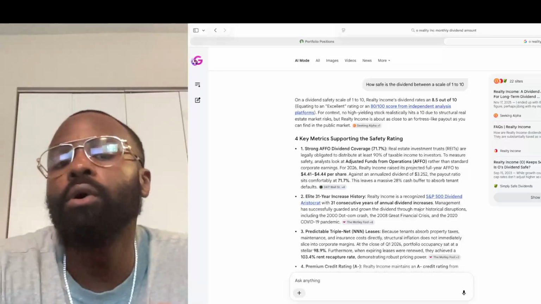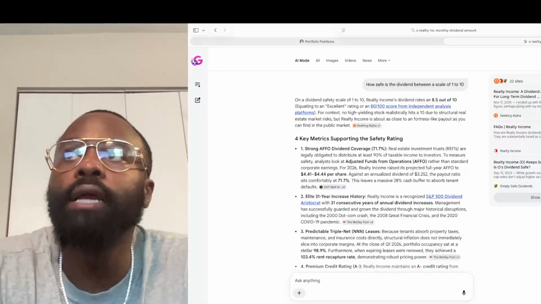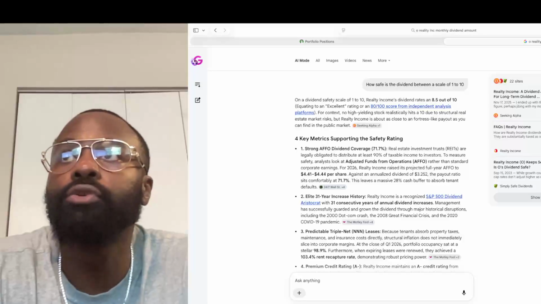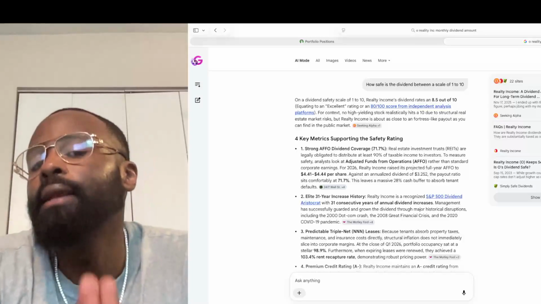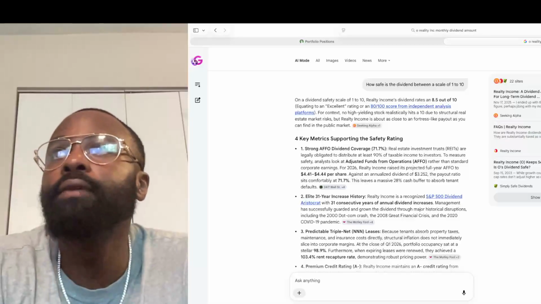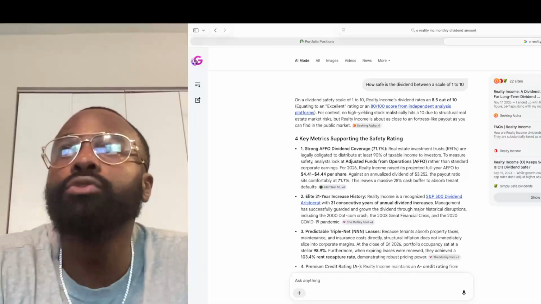All right. And then it even goes into talking about during 2008 in the great financial crisis, and in 2020 during the pandemic, not only did it keep paying the dividend, but it also grew it.